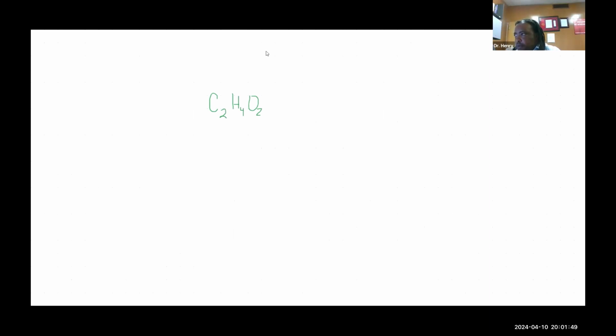Okay, so let's go ahead and put one carbon as our center atom, and then we're going to have another carbon hanging out over here. Okay, so how many valence electrons does this carbon have?